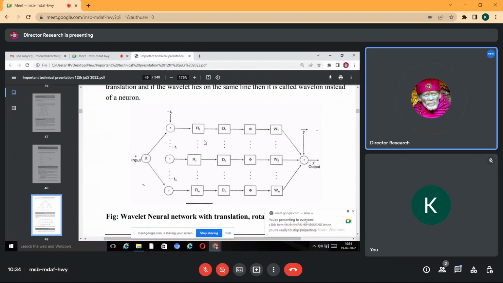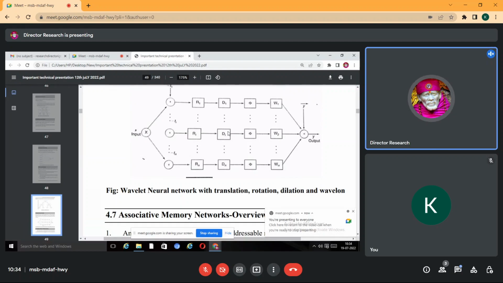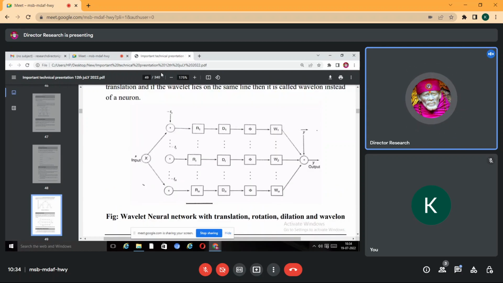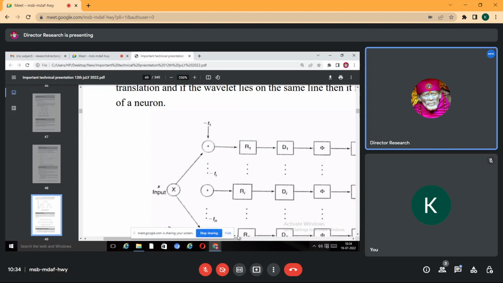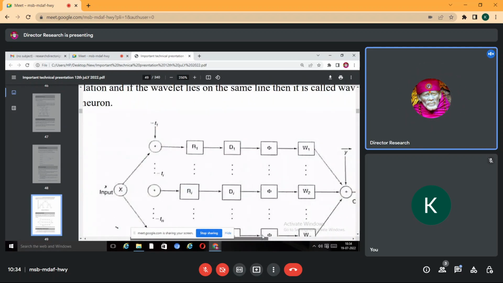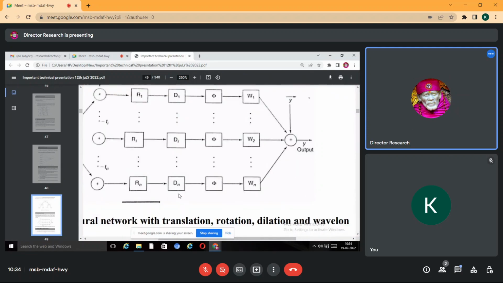Just see the diagram. R is rotation, D is dilation. Then coming to the translation, and W is wavelength, like that. Four blocks, a very simple diagram. You can easily write it in the exam. The input X is connected to a series of blocks, R1, R2, R3, like N rotation blocks, D stands for dilation blocks.